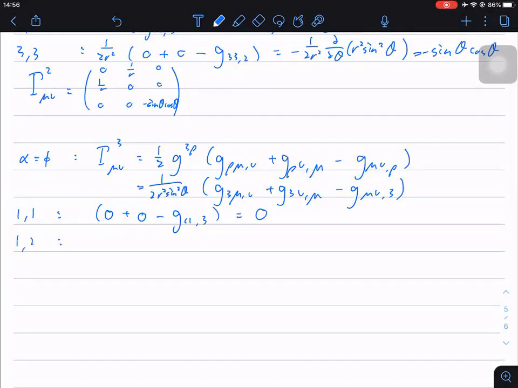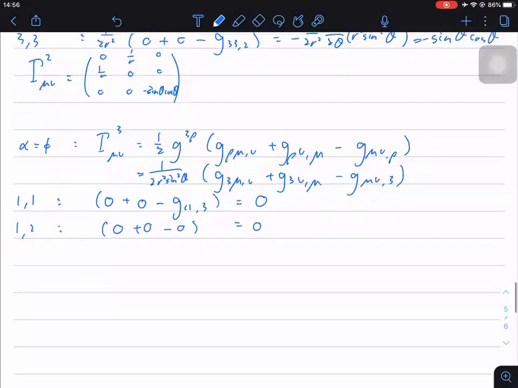Okay, so for the 1, 2 terms, so 3, 1, 0, 3, 2, 0, and 1, 2 is also 0. So it's 0. For the 1, 3 terms, this term is not 0. So now we have 3, 1 to be 0.